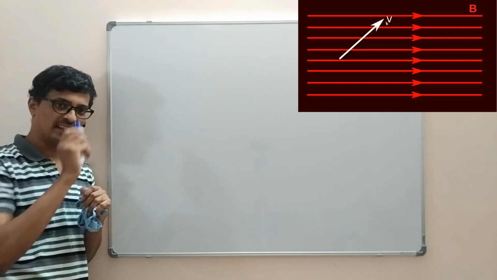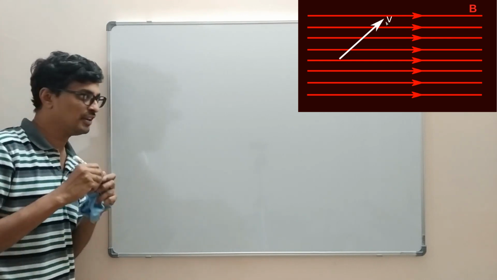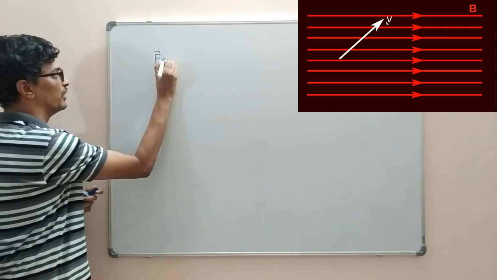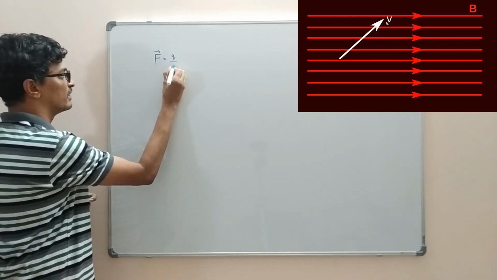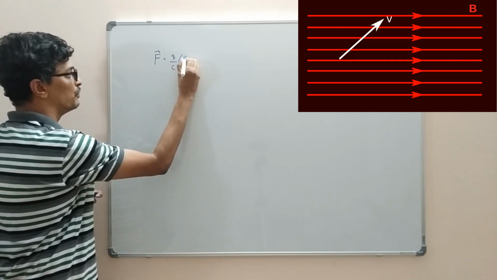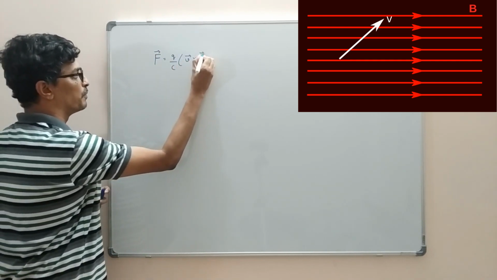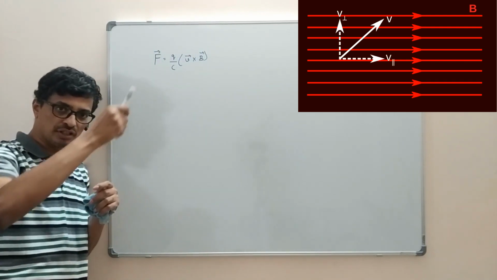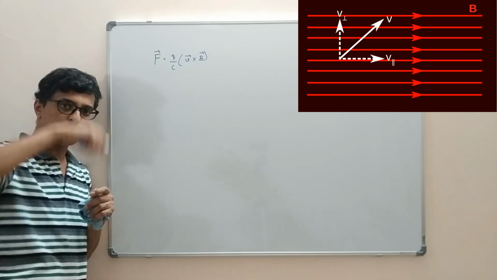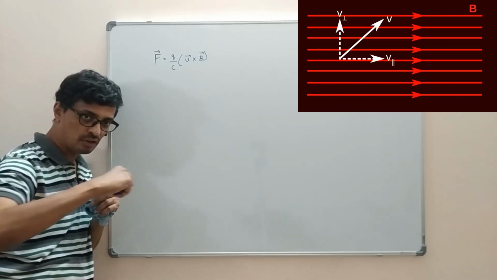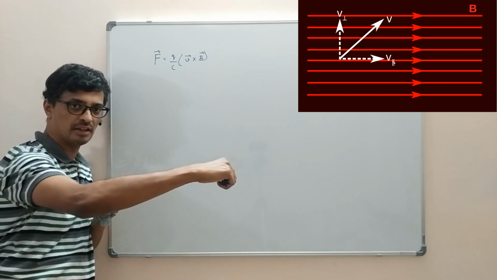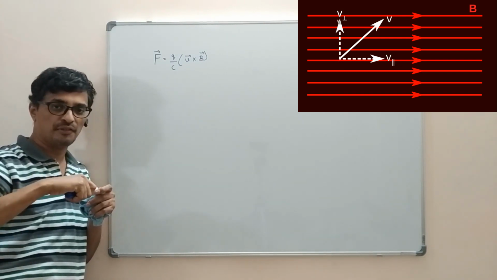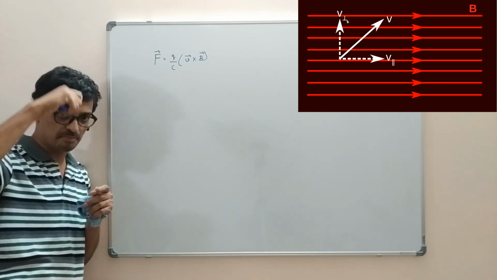The force acting on the charged particle due to this magnetic field is given by our Lorentz force, that is F is equal to q by c into v cross B. Now, if I resolve this velocity of the charged particle into two components, one component along the field line, which I call v parallel, and another component which is perpendicular to the field line, which I call v perpendicular or v perp.